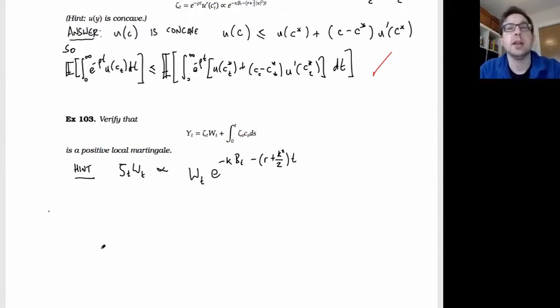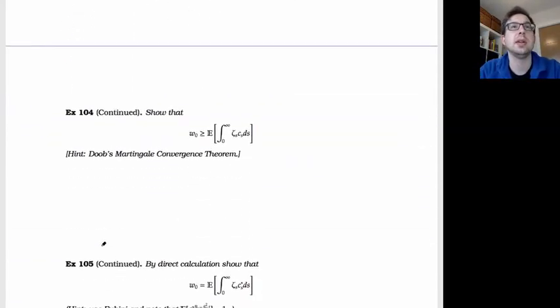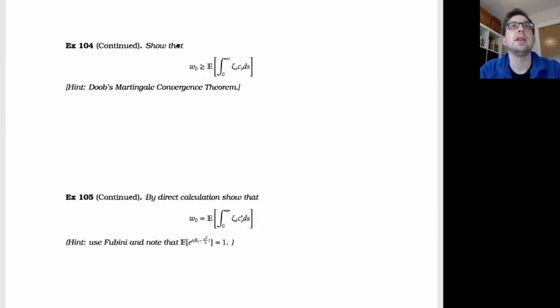So then the next part asks to show that W0 is less than or equal to E integral 0 to infinity zeta s c of s ds.